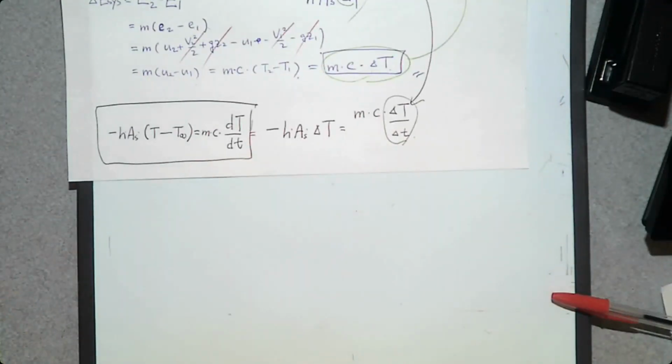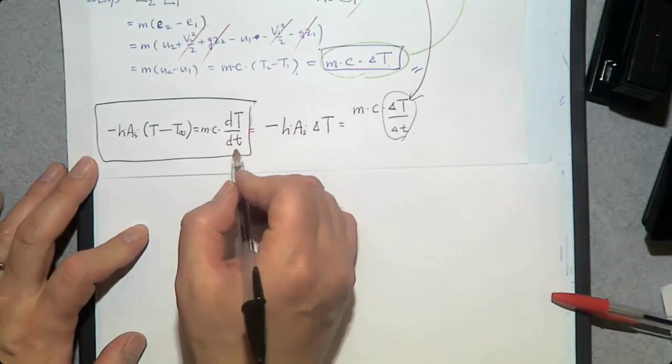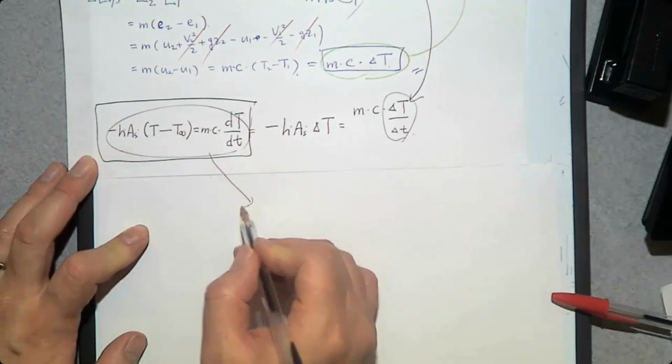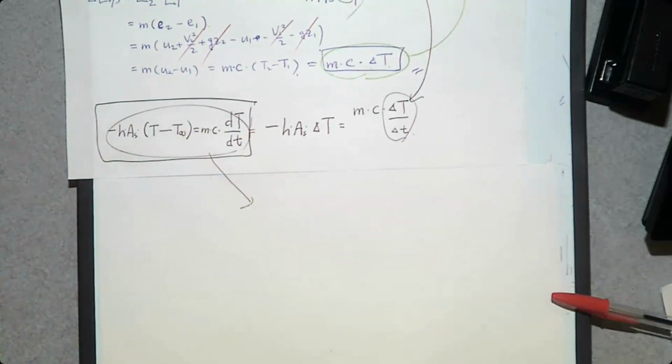So let's do that. So can you solve it? As is? Not really, because we have a dT, we have a T, but we have a T infinity. So because of this, we cannot solve it as is.